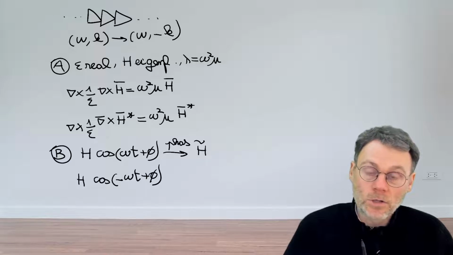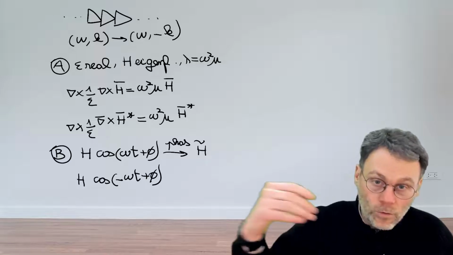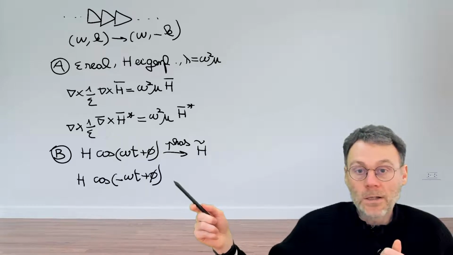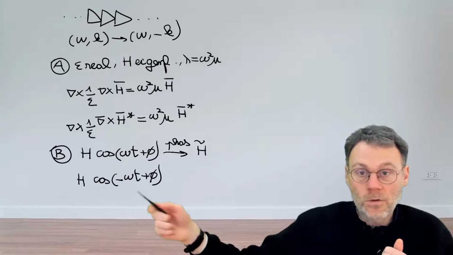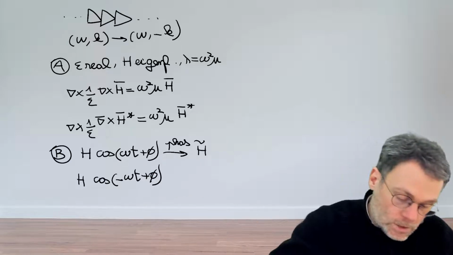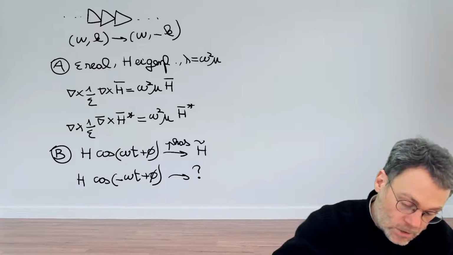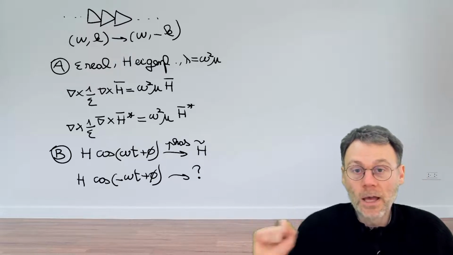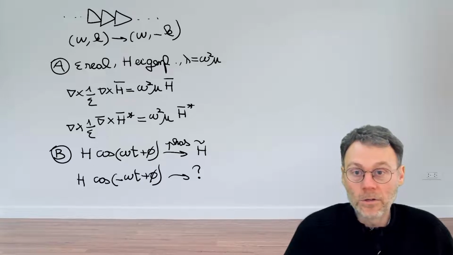So Maxwell's equations don't make a distinction between forward propagating time and backward propagating time. So if we apply that symmetry to a solution of Maxwell's equations by replacing t by minus t, the question is then, what is the phasor associated to that particular field? So pause the video and see if you can think of the correct answer.